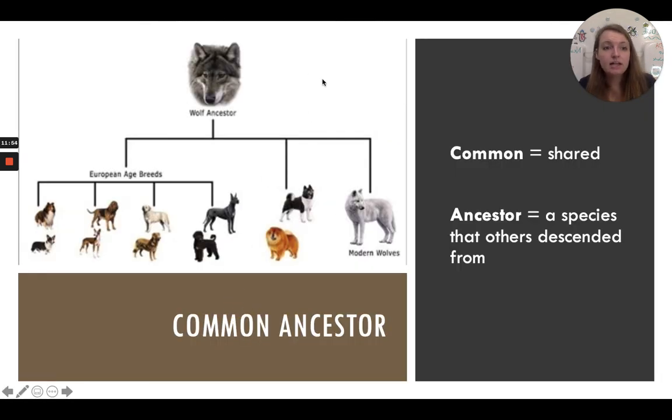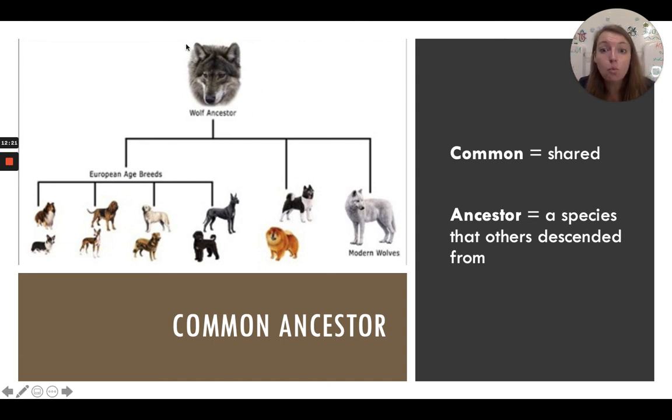All right, so that leads me to this vocabulary word, common ancestor. We say common means shared. An ancestor is a species that others descended from. So we were just saying that the whale and the hippopotamus have a common ancestor, an ancestor that they are both related to before their lines split off and went their separate ways.